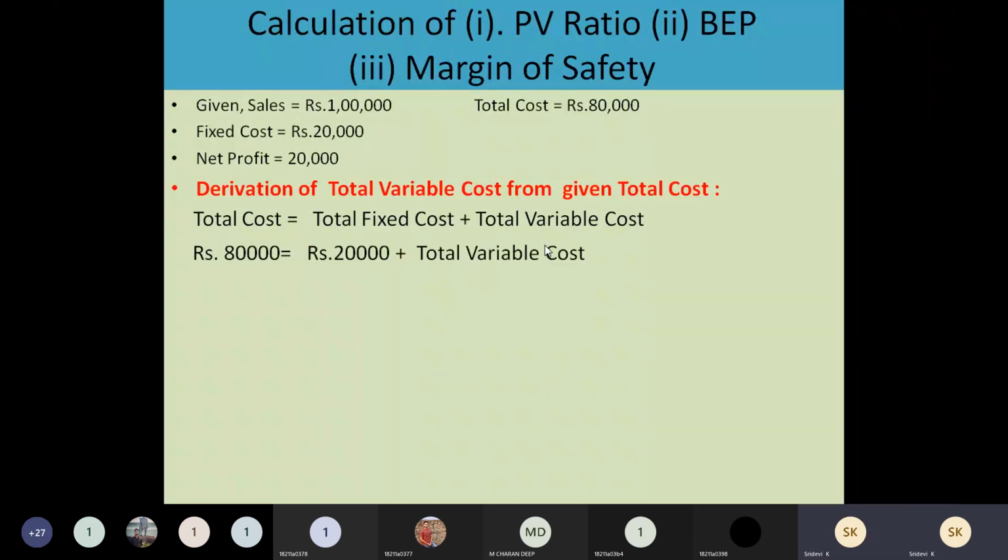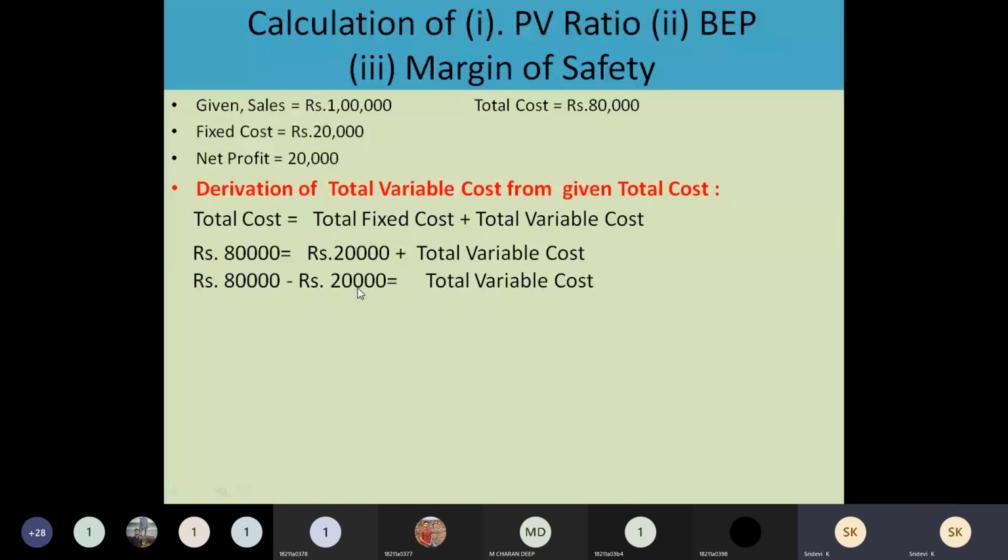Now you have to derive this total variable cost. What you are going to do here? So you bring this 20,000 towards the left side. Then whatever it is remaining, that is nothing but the total variable cost. So whenever you bring from right side to left side of equal to, here it is positive 20,000, it will become negative 20,000.